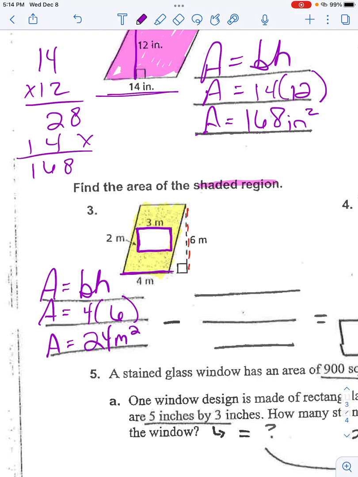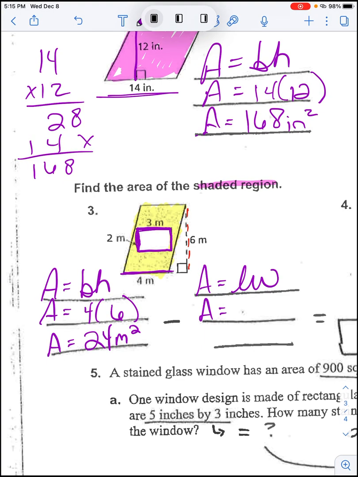However, there's a portion that is not shaded, so you're going to subtract out the area of that rectangle. You could use base times height, or you can use length times width. The base is 3, the height is 2.